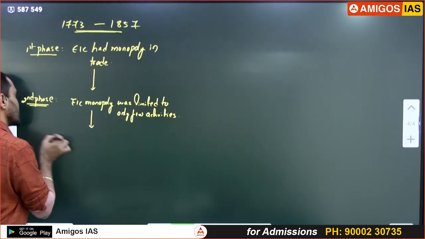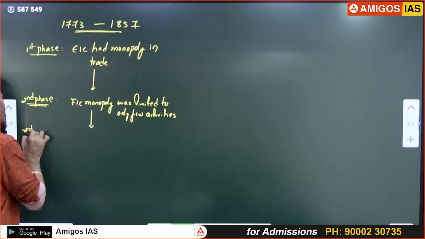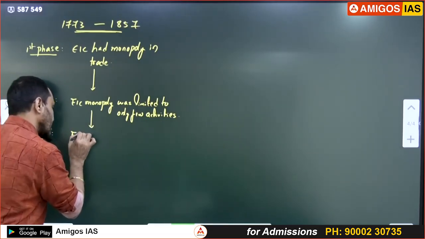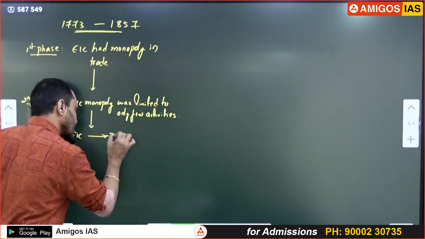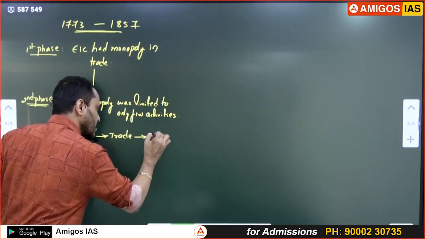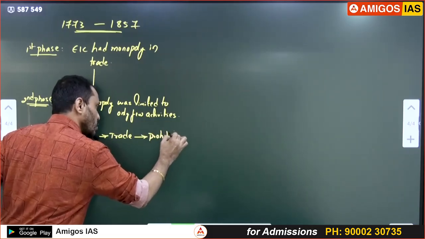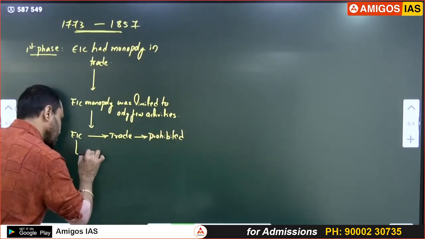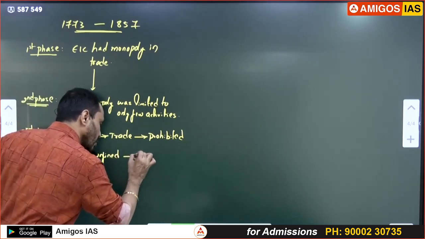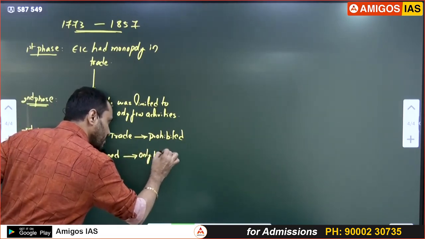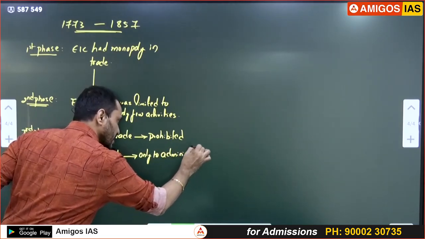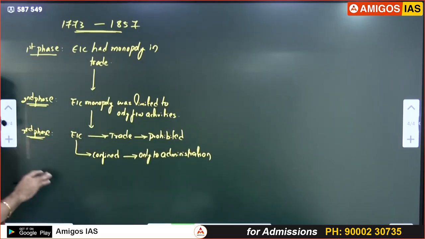Then in the third phase, East India Company trade was completely prohibited. East India Company cannot do trade, and is confined only to administrative activities. No more trade.